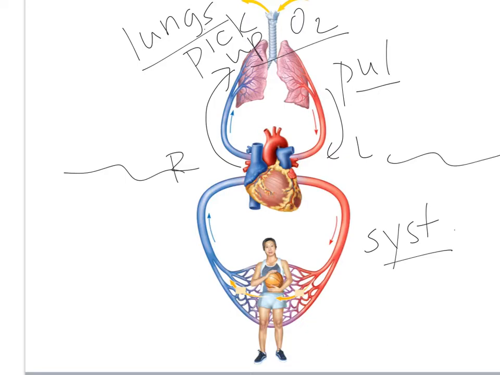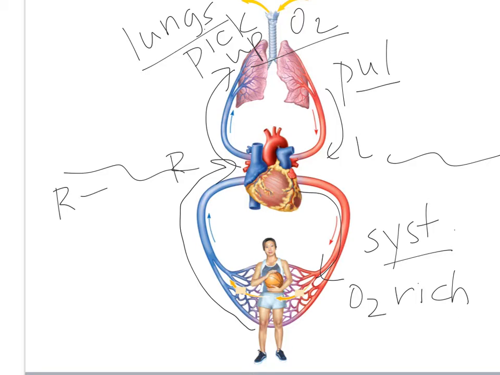Systemic circuit: the left side of the heart is going to pump oxygen-rich blood to the body, where we're going to drop off the oxygen and pick up carbon dioxide and the waste, and then that's going to go back to the heart. The arrows are labeled here, but this is the way it goes: right, then lungs, left, and body.